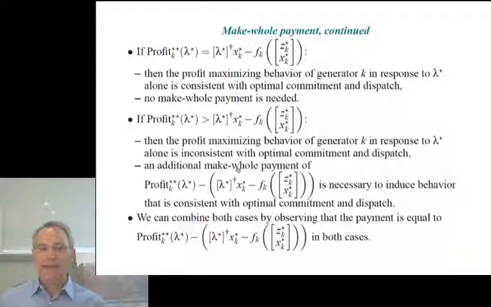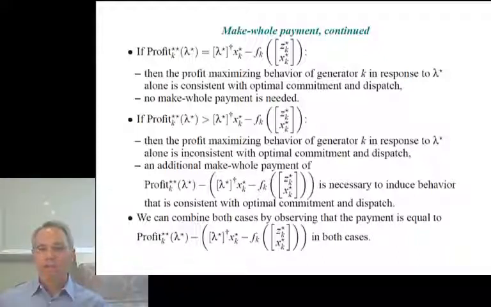We need to pay it an additional make-whole payment that's exactly equal to the difference between the maximum profit and the profit under the ISO commitment and dispatch. That will make the generator indifferent between operating according to its profit maximizing solution and operating according to the ISO desired commitment and dispatch.